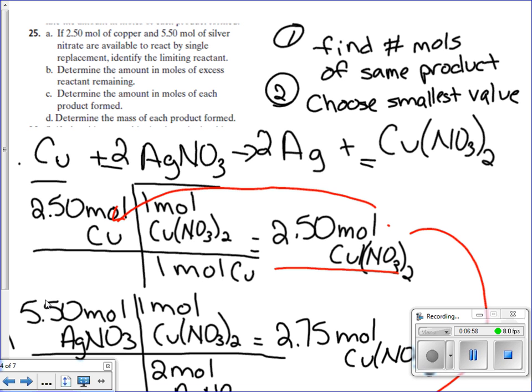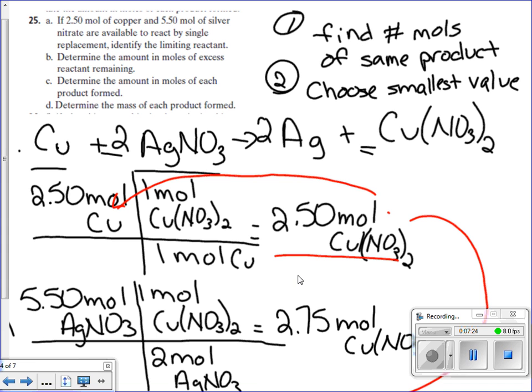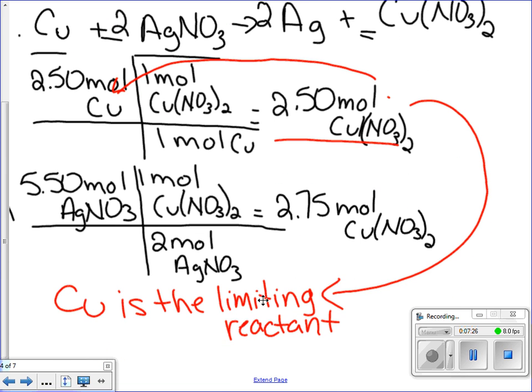Well, to know how much is left over, first we have to calculate how much silver nitrate did we use. Well, we can only make 2.5 moles of copper 2 nitrate. We don't have enough copper to make 2.75 moles. So I'm going to start with 2.5 moles of copper nitrate, and I'm going to convert it to moles of silver nitrate.